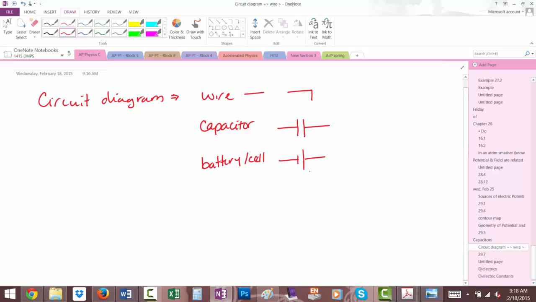High potential, the positive, is on the long side, and the short end is on the negative side. So those are the three pieces that we're going to need right now. We'll add some more stuff next time, or when we're in lab, and we'll talk about that.